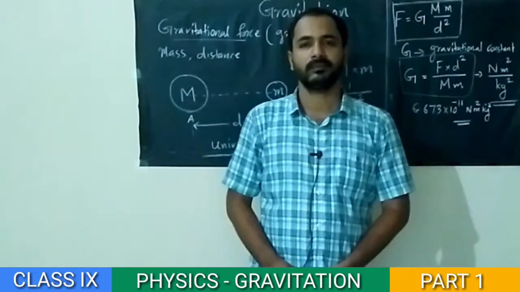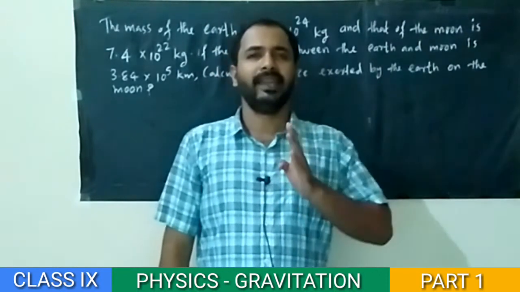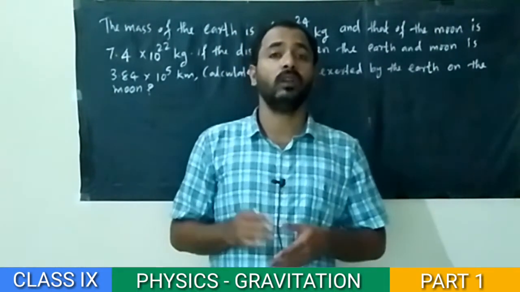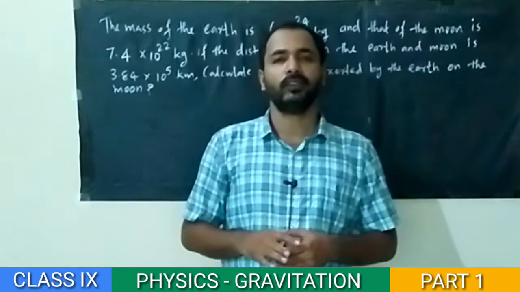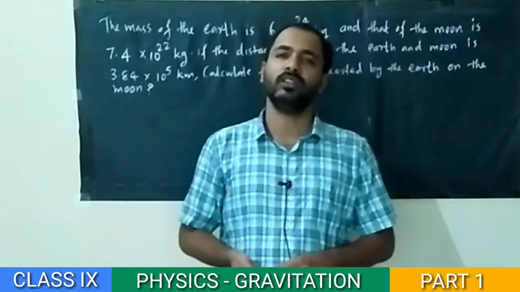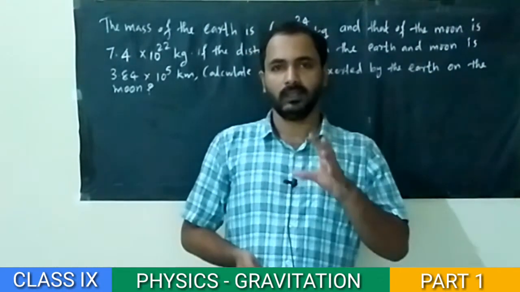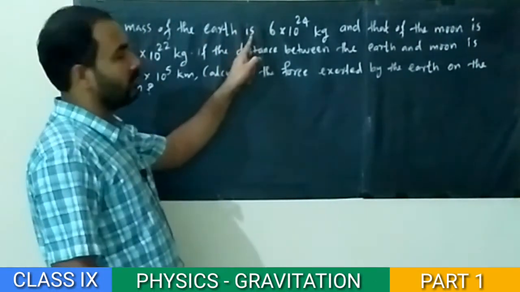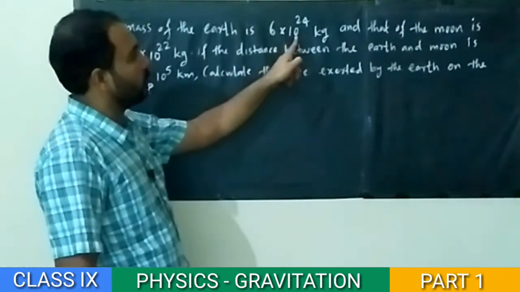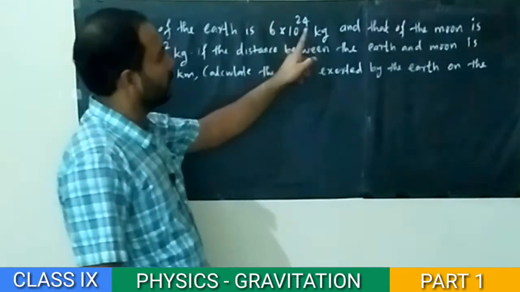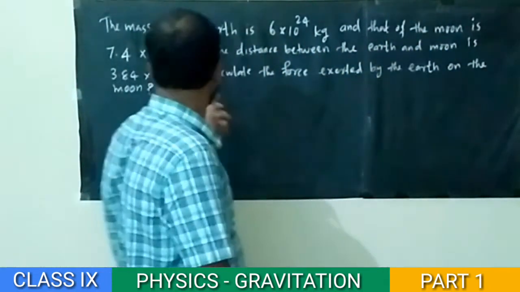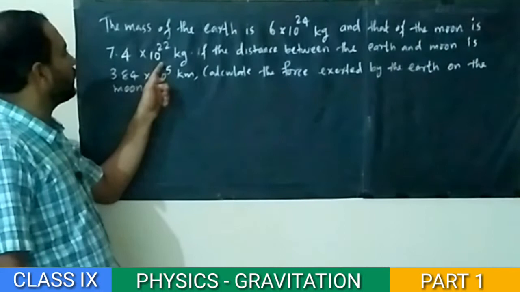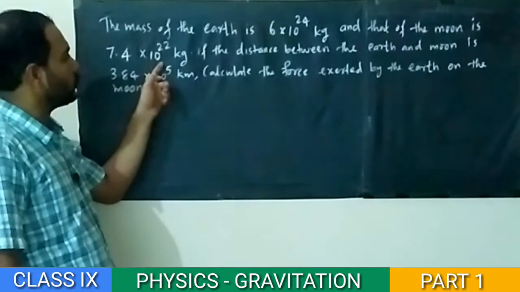Next we can solve a problem related to the universal law of gravitation. The question is: the mass of the earth is 6 × 10^24 kg and that of the moon is 7.4 × 10^22 kg.